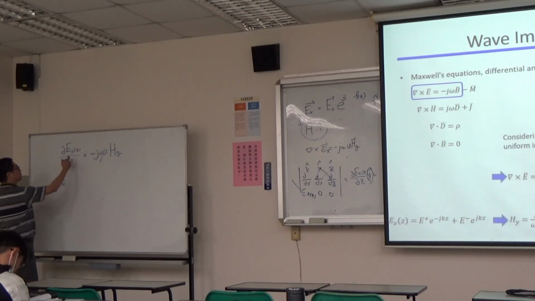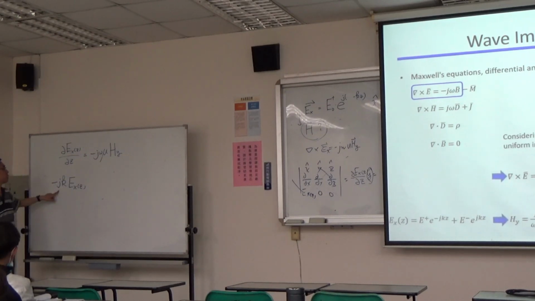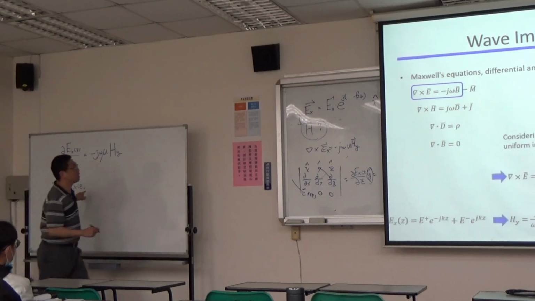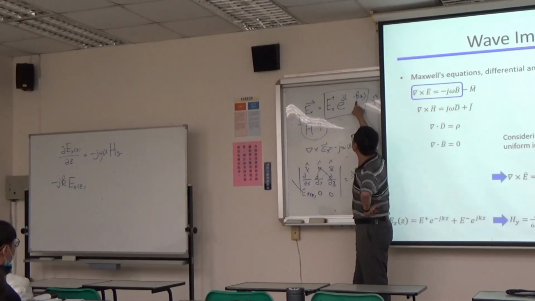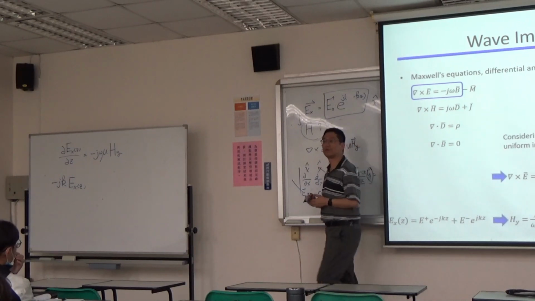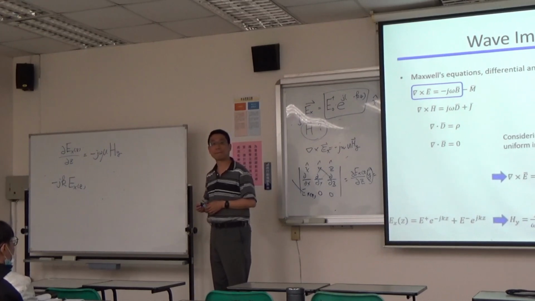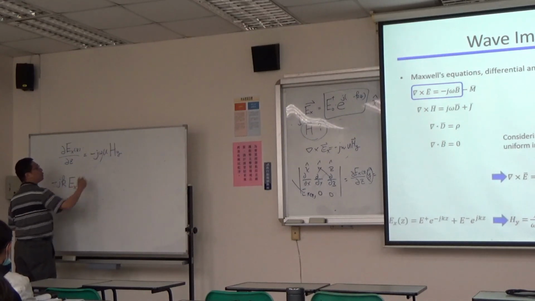We maintain the same part here. Do you understand this part equals to this part? Because your Ex is this one, and you take a partial differential to z, you have a minus jk outside. And this one equals to minus j omega mu.